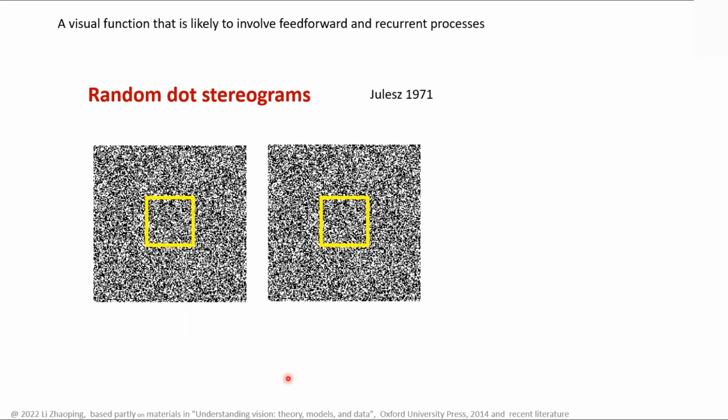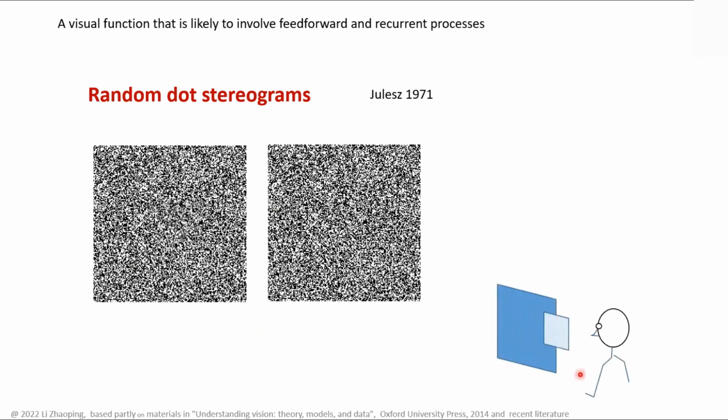The square, I just highlighted it for you again. And if you shift the square a little bit in one eye, and remove the border again, you again cannot see it if you don't fuse them together in your brain. But if you fuse them together, your two retinas send the signal to your brain, then you can see the square in front of you by binocular disparity.